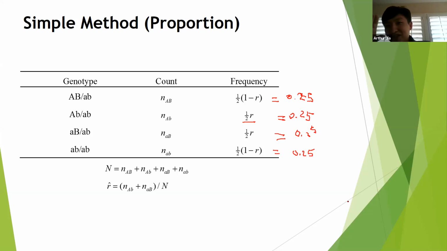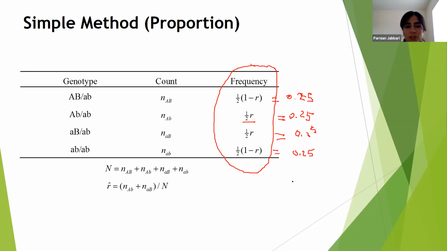If these two genes are not linked, we can still use this formula. But now R equals 0.5. If you plug R equals 0.5 into this formula, you're going to end up with a ratio of 1 to 1 to 1 to 1. So that's correct, right?